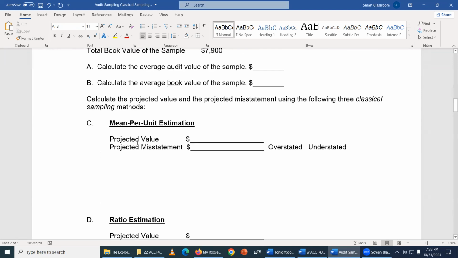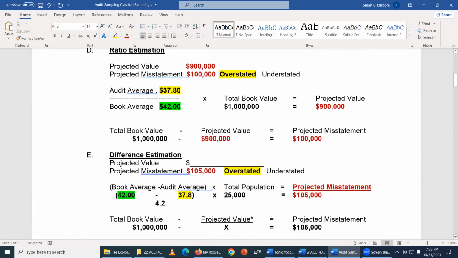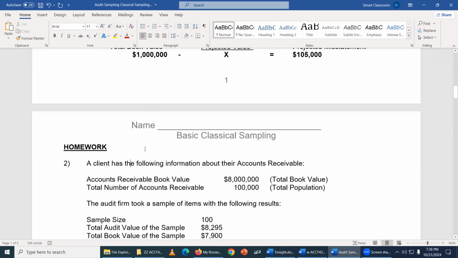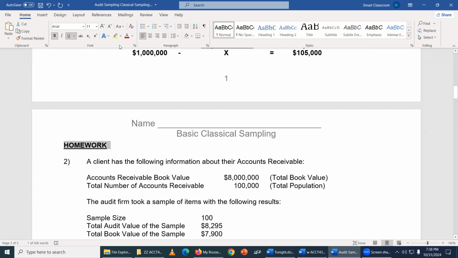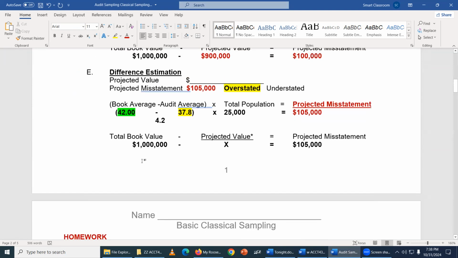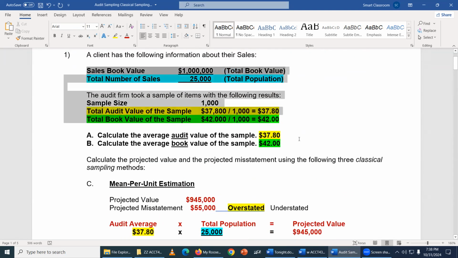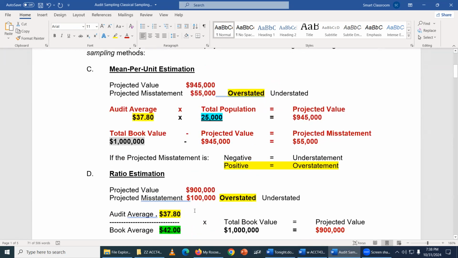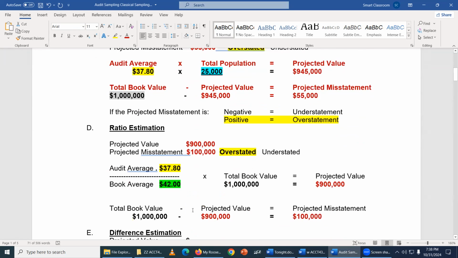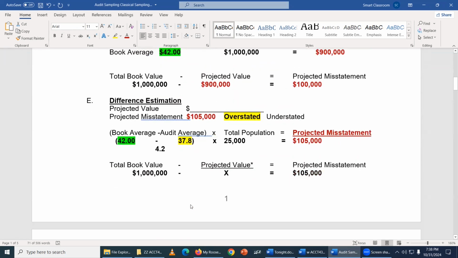Again, it's going to be the same as this, obviously. And this is probably the more modern way you're going to see the sampling done on the CPA exam. They'd give you this information up top, and then they'll say, what is the projected value using ratio estimation? That would be how they would show this.